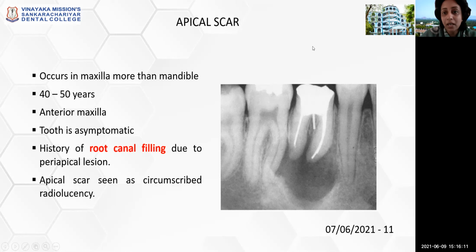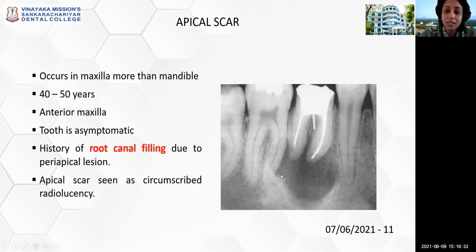In an apical scar, although the lesion looks like a periapical cyst, it is already treated endodontically. An endodontically treated tooth with a radiolucency at the periapical region where the apex is completely sealed indicates an apical scar, which is nothing but fibrous tissue rather than bone formation.